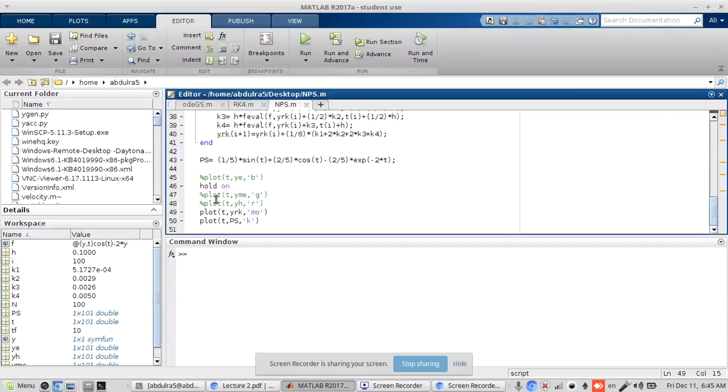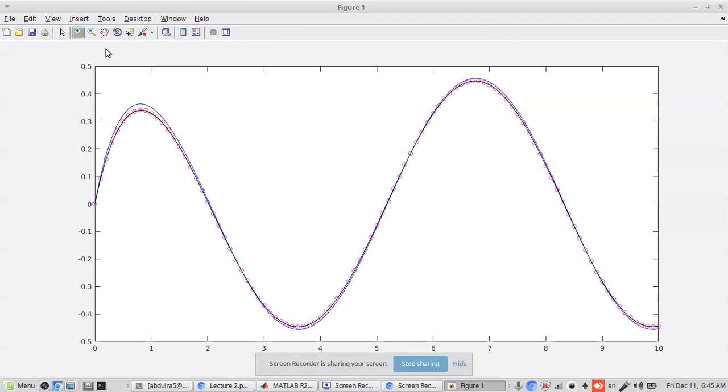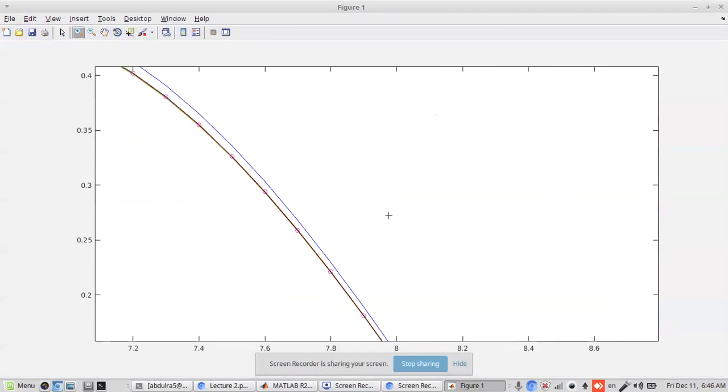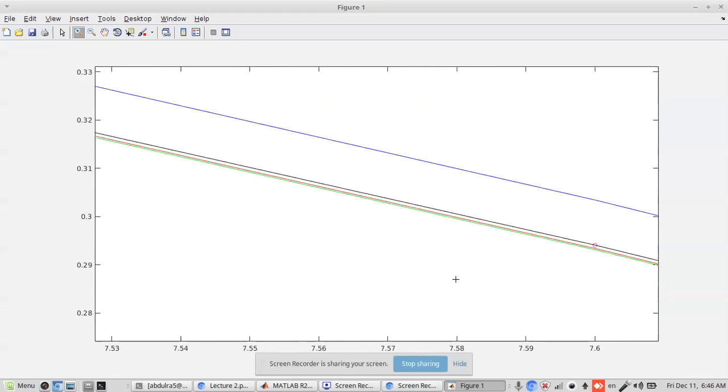If I am using other methods to get the general solution, the difference may be high. It depends on the n, it depends on how much discretization I have. So see, there are some differences, but still the order of the accuracy of Runge-Kutta is better than improved Euler method. Improved Euler method is better than modified Euler method, and all are better than the first one, Euler method.